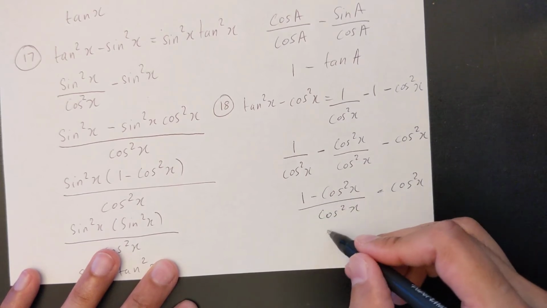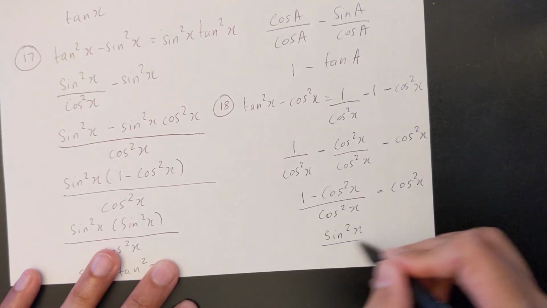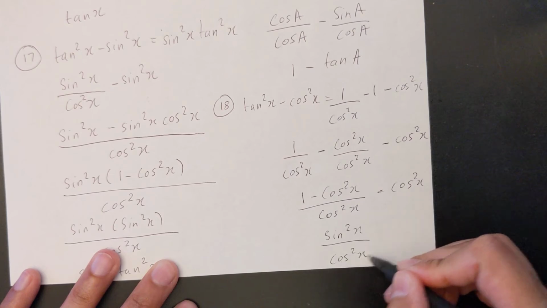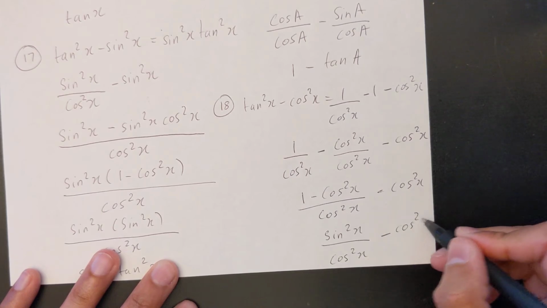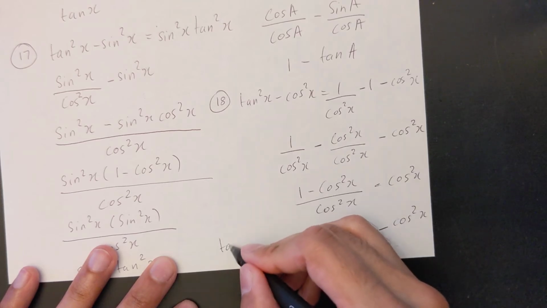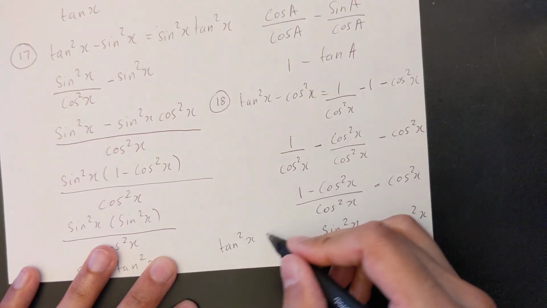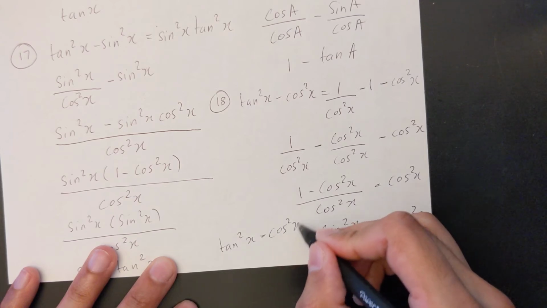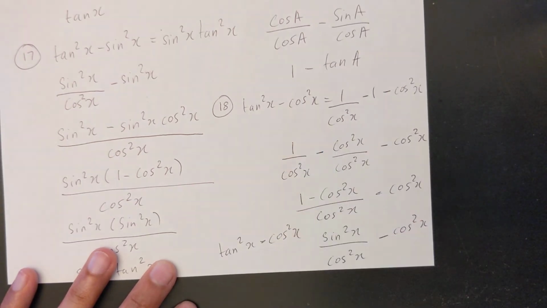One minus cos square x is just sine square x. And sine square over cos square is just tan square. I'll complete it over here. So tan square x minus cos square x, which is the same as the other side.